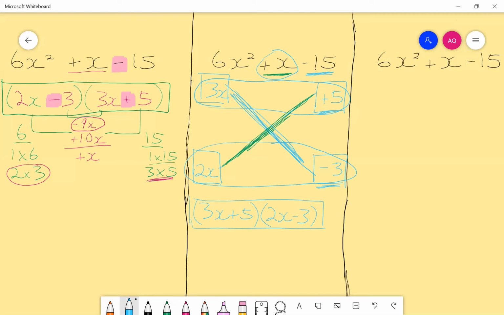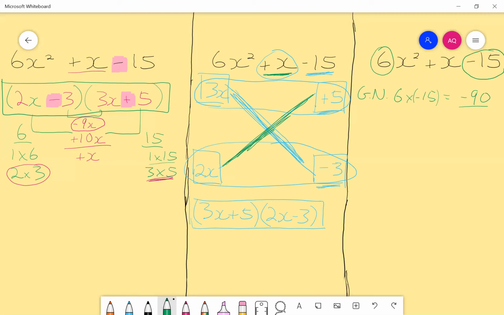And then third method, which will look a little different. Again, we just have a bigger number to get factors of, but it should reduce the trial and error somewhat. So our guide number is 6 times minus 15, which is minus 90. So I'm just going to look at the factors of 90, and then we'll consider the sign in a second.